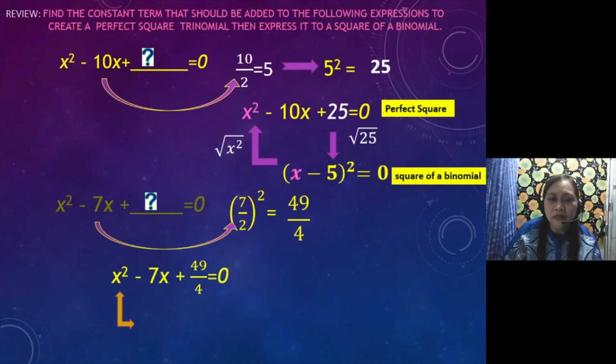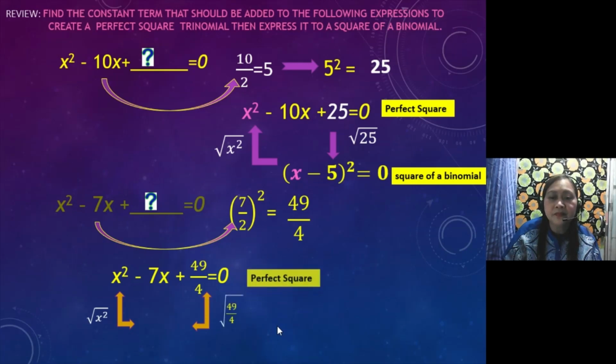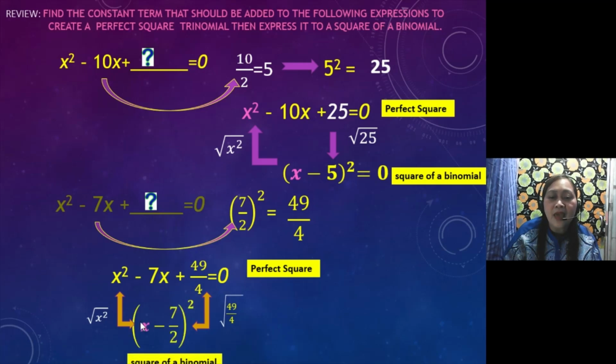Now, let's express this perfect square trinomial as a square of a binomial. All you have to do is get the square root of x squared, which is x, and the square root of 49 over 4 is 7 over 2. So this is our square of a binomial.